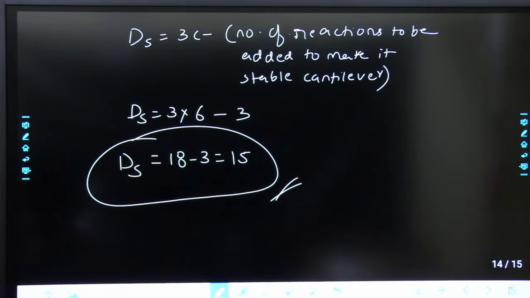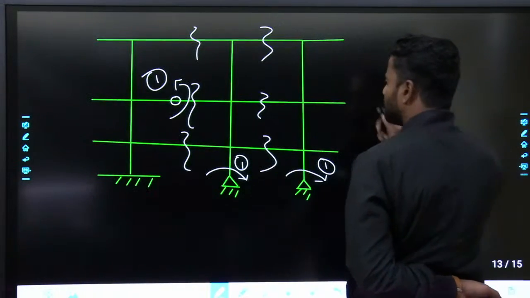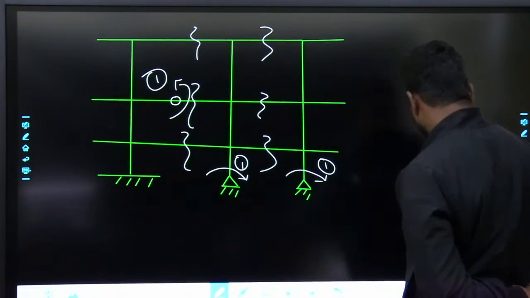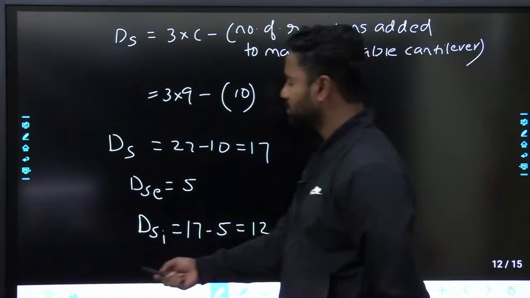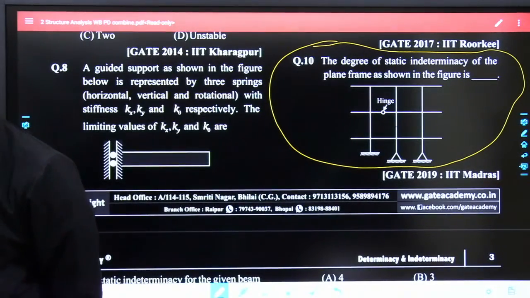Anything else? So 15, 15, 15. Answer is 15. If you have given for whatever I have drawn, like only 2 things, that's okay. For that it's 9. Well and good, you're good over there. And for this question it is 15.